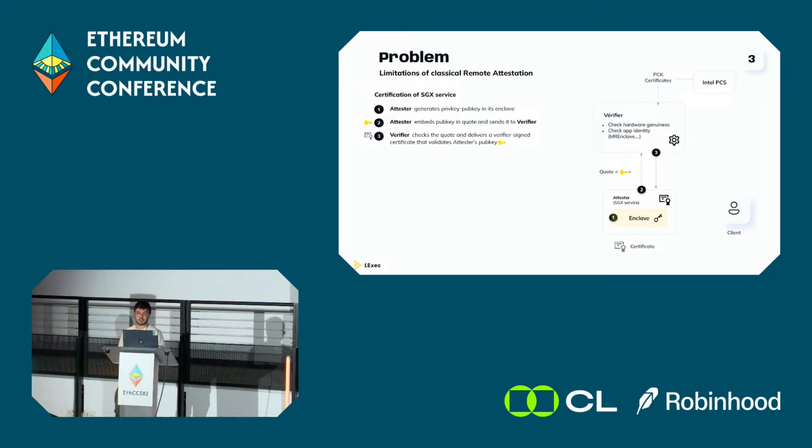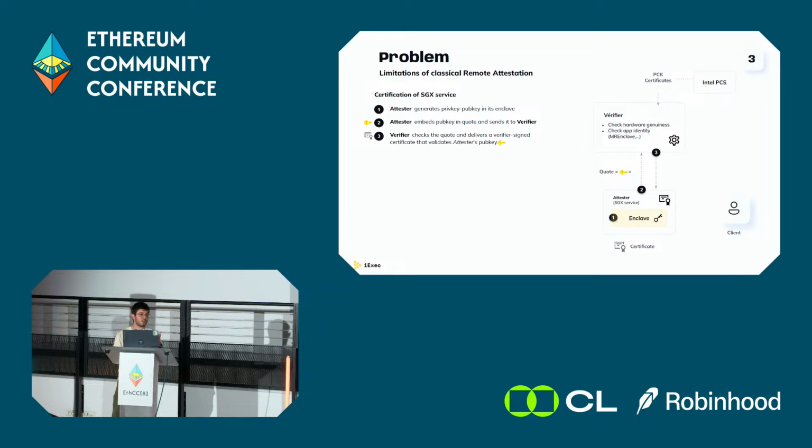In order to certify a newly spawned SGX service that builds our cluster, the attester or the SGX service needs to generate a pair of private key and public key inside its enclave. Then the attester embeds the public key part inside the code, which is a cryptographic summary of the enclave. Then it sends it to the verifier. Once received, the verifier checks the code using some libraries.